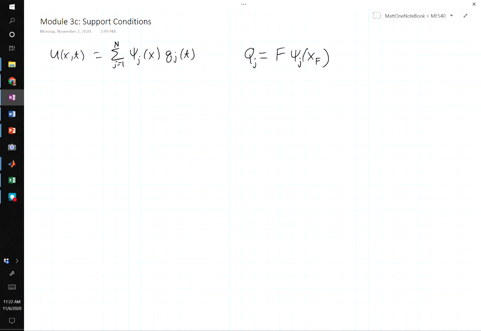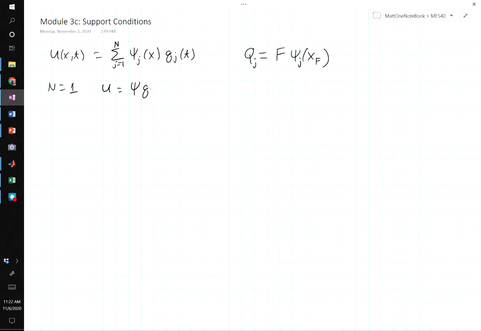So, if we wanted to model a continuous system, let's say we had any continuous beam, and let's say we're going to use only one term in the Ritz series, so that u is just equal to psi times q.